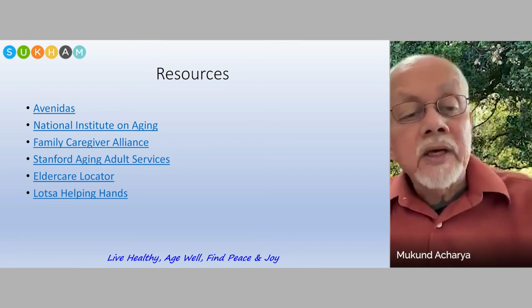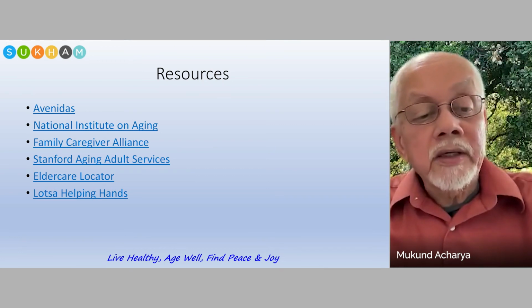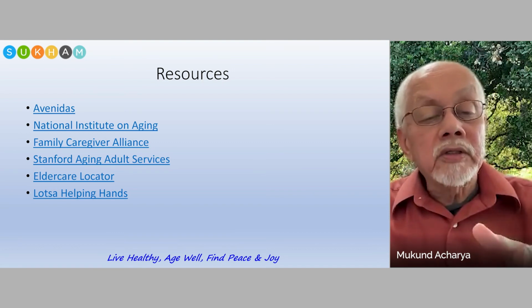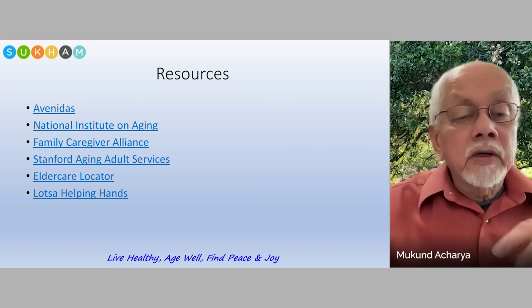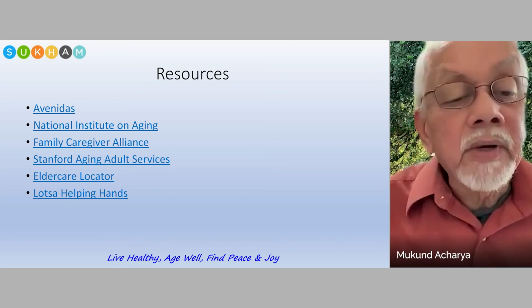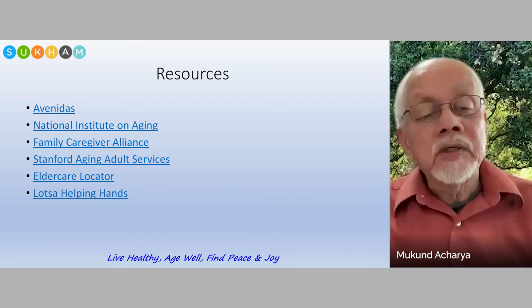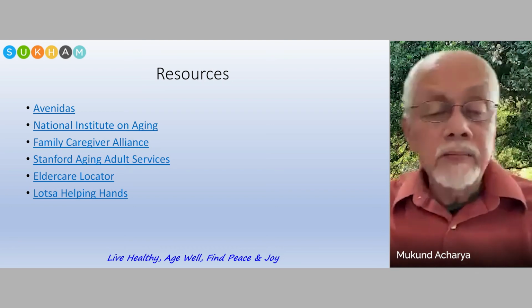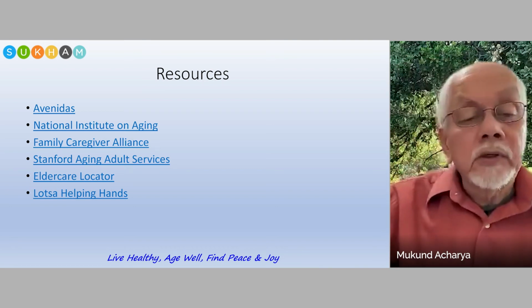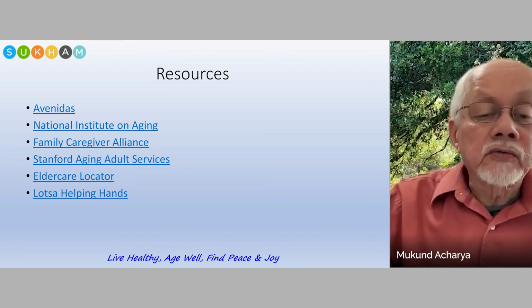The Family Caregiver Alliance, Elder Care Locator and Lots of Helping Hands are community service organizations that have a national footprint. And then locally here in the Bay Area, the Stanford Hospital has an aging adult services program that provides help in a variety of different ways for elder care.